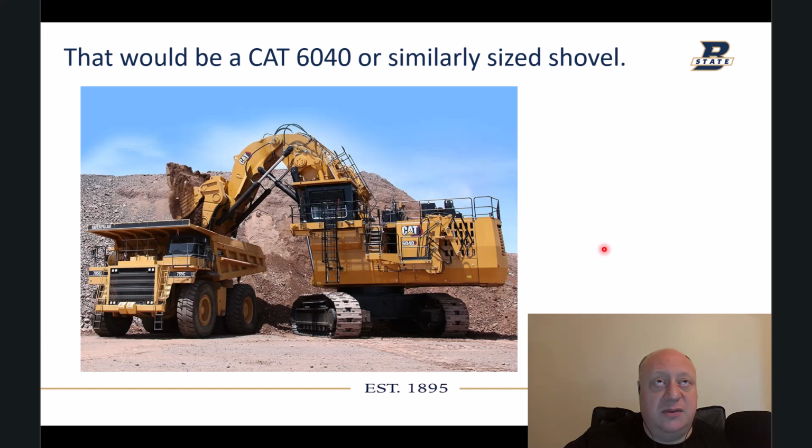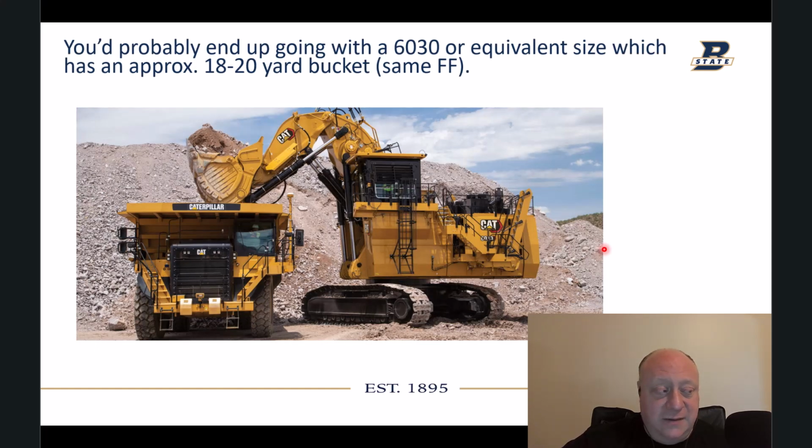I don't remember which one that is, but this is pretty big. Because our maximum bench width is about 120 feet, that piece of equipment is probably going to end up being too big. You'll probably end up going with a 6030 or equivalent size. With the same fill factor, that has about an 18 to 20 yard bucket.